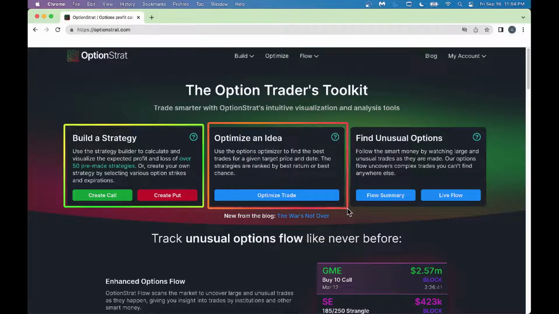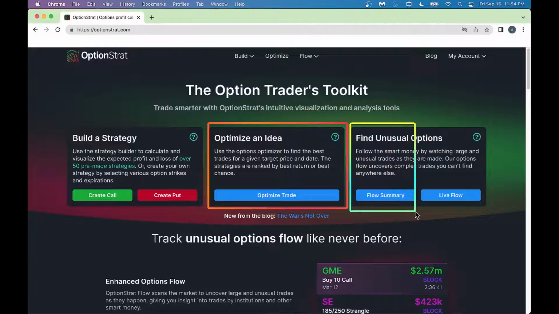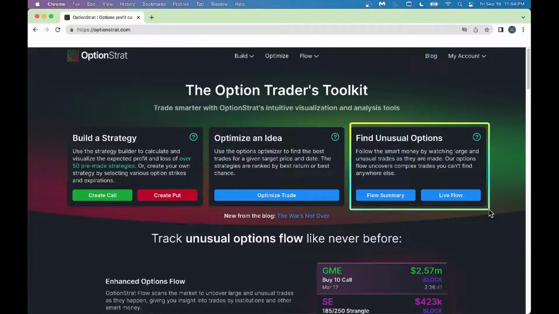You can really look at the idea by bullish, bearish, neutral, and so on and so forth. And then finally, if you're an active trader, you can follow the smart money and see what smart money is doing and look at those big sweeps, blocks and splits and follow them. And now let's jump in and look at this tool here.